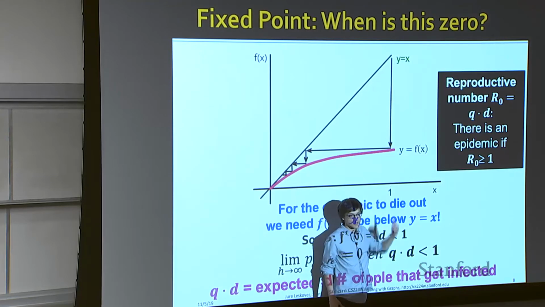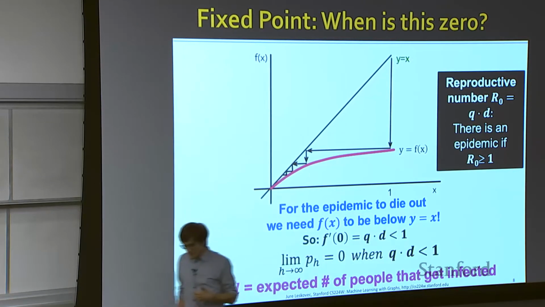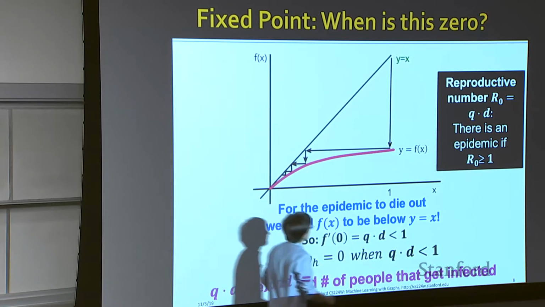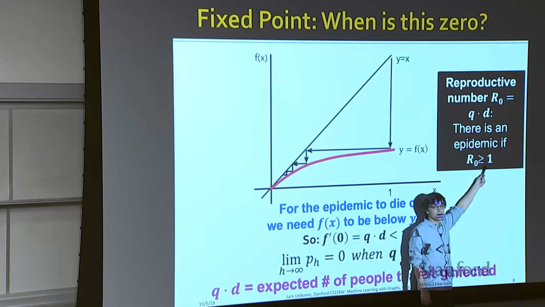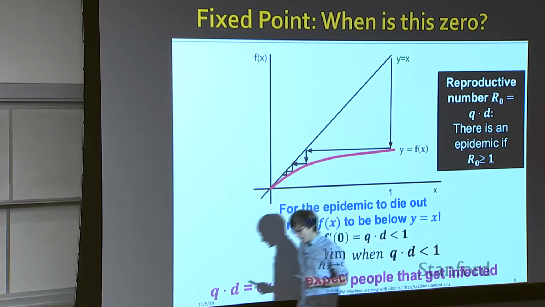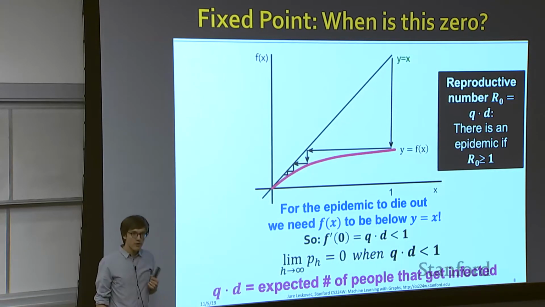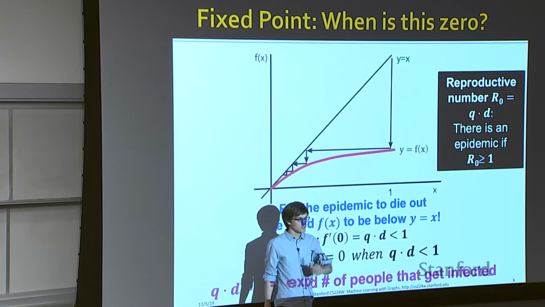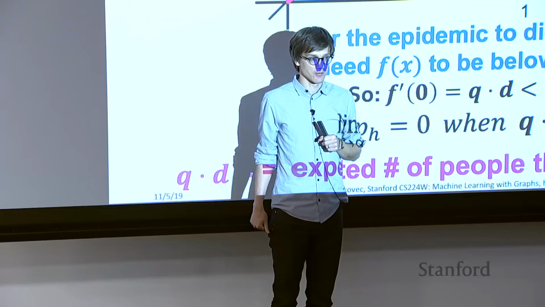It's called R0, the reproductive number of a disease, right? So essentially, there is an epidemic if the reproductive number is greater or equal to 1, right? So if in expectation every patient infects at least one other person, then this will keep going forever, right?